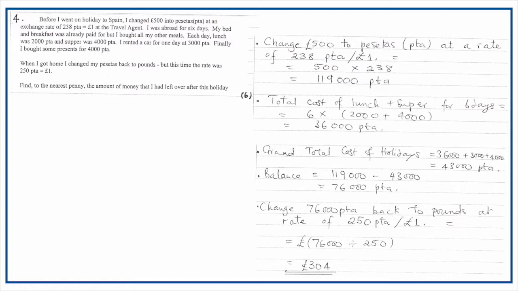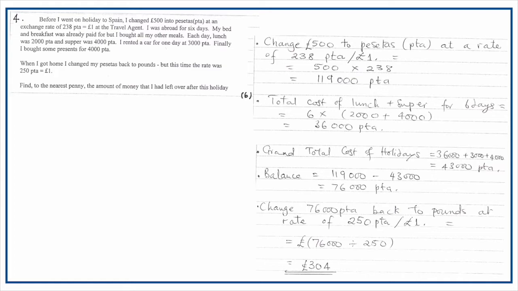The total cost of lunch plus supper for 6 days equals 6 times 6,000, which equals 36,000 PTA. And therefore the grand total cost of the holiday equals 36,000 plus 3,000 plus 4,000, which equals 43,000 PTA. Therefore, the balance equals 119,000 minus 43,000, which equals 76,000 PTA.